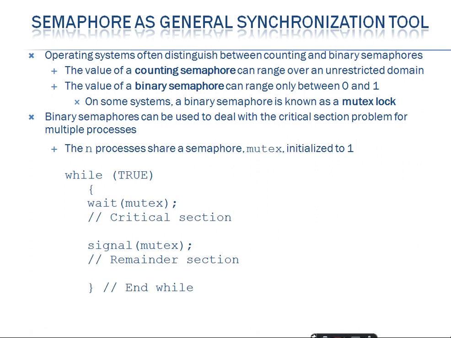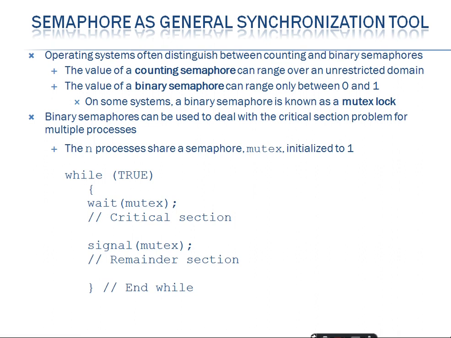Operating systems often distinguish between counting and binary semaphores. Now there are two types of semaphores, remember. A binary semaphore can range only between 0 and 1. A counting semaphore can have a range over an unrestricted domain.